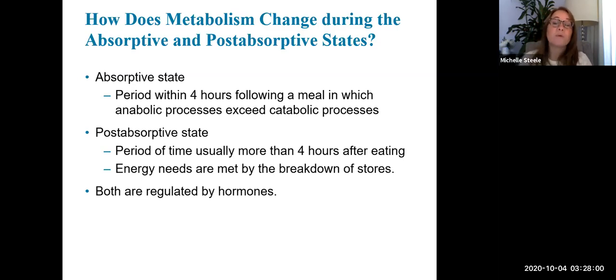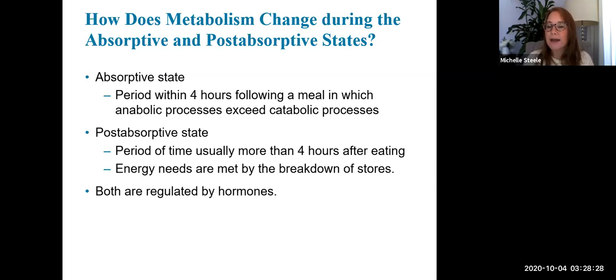We are not going to talk about the individual cycles and the metabolic pathways involved for these metabolic reactions to occur. For instance, we're not going to cover glycolysis or the TCA cycle. So just know that when you're reading these chapters, if it's something I didn't cover in this lecture, you're not responsible for knowing it on the exam. So I just want you to take special note of that.